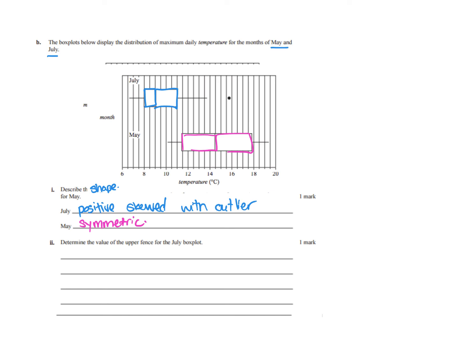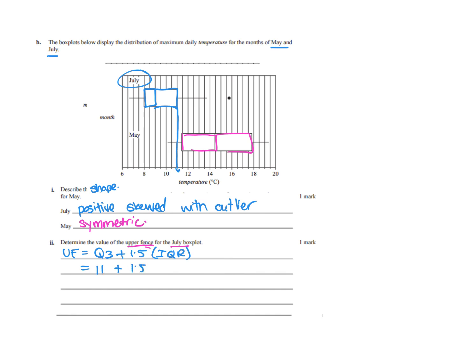Okay, now it says determine the upper fence for July. So July's up here in the blue. Okay, so upper fence, write the formula: Q3 plus 1.5 times the IQR. So if I go up here, the Q3 for July is 11.